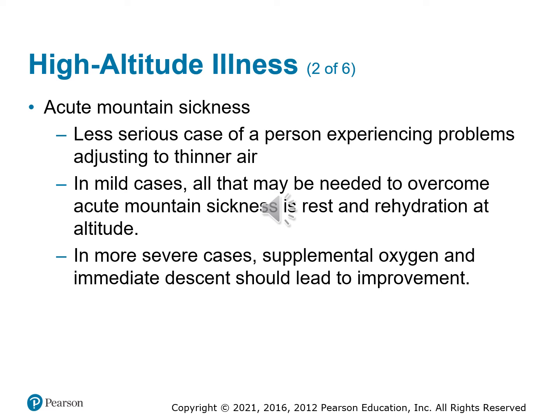And for some of these mild conditions, all that may be needed is rest and rehydration at altitude. So it may just take them a little bit longer to become acclimated to the conditions that they put themselves in. In more severe cases, these patients may need supplemental oxygen, and immediate descent should lead to improvement. So basically, taking them out of the environment should alleviate the symptoms.